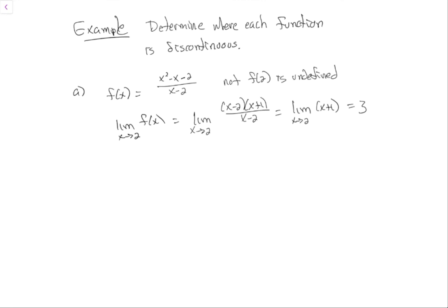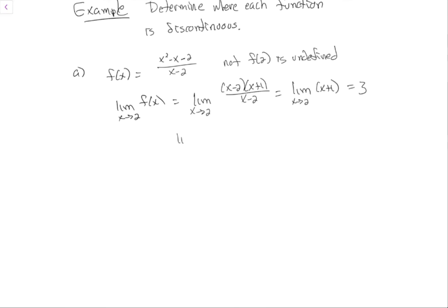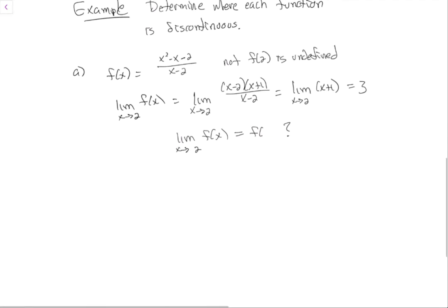So when we're looking at the definition of continuity, our limit does exist, but our function value does not exist, right? So we're basically saying, does the limit equal the function value, question mark, as x approaches 2? And in fact, let me write f at 2 there. Is that true? And the answer is no, since f at 2 is undefined.